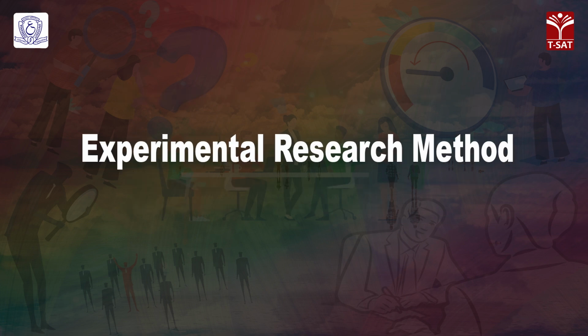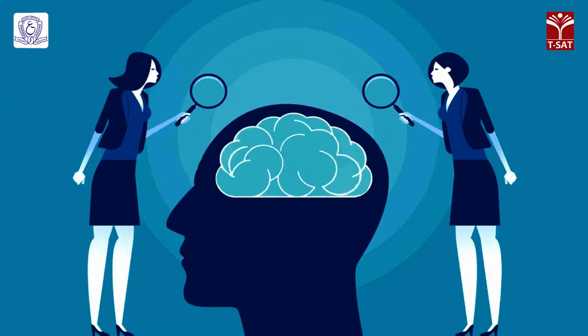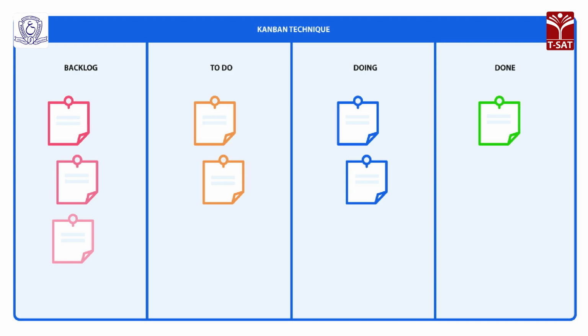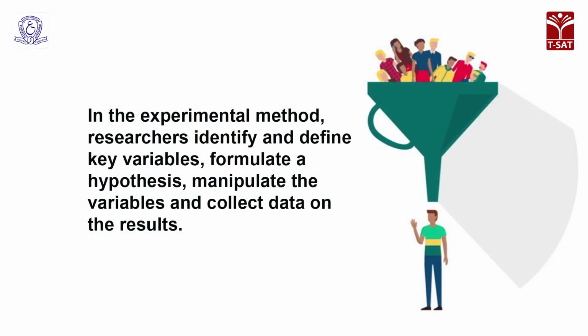Experimental research method. How exactly do researchers investigate the human mind and behavior? While there are a number of different research techniques, the experimental method allows researchers to look at cause and effect relationships. In the experimental method, researchers identify and define key variables, formulate a hypothesis, manipulate the variables, and collect data on the results.